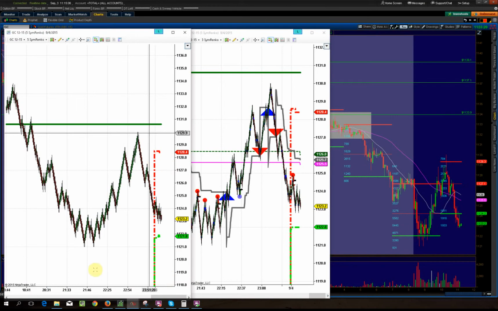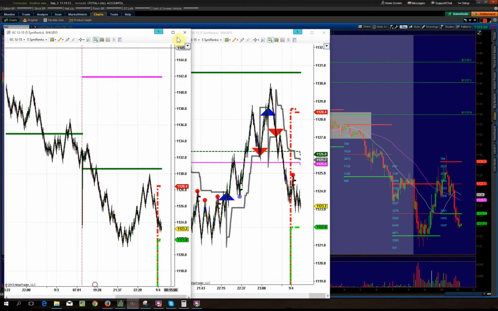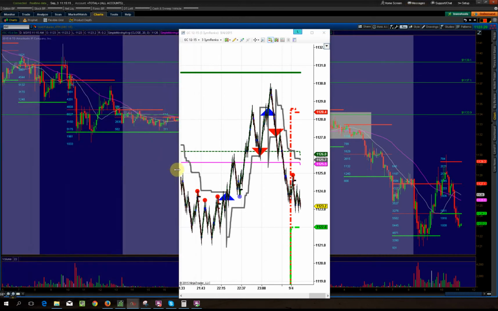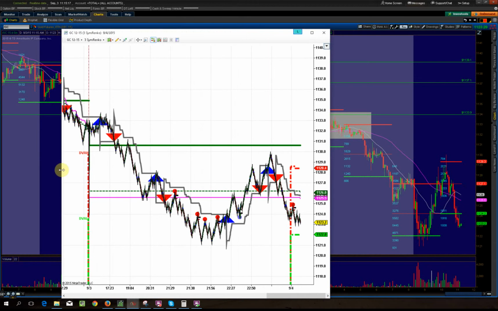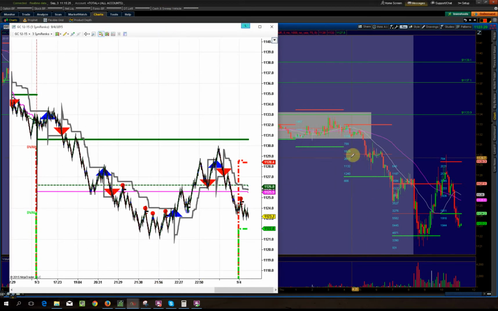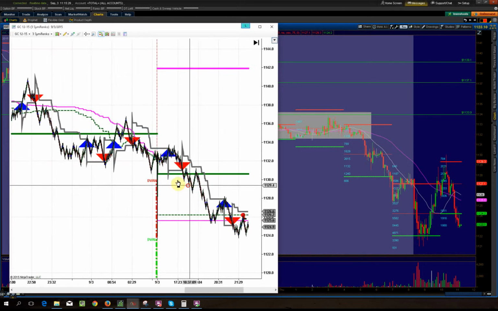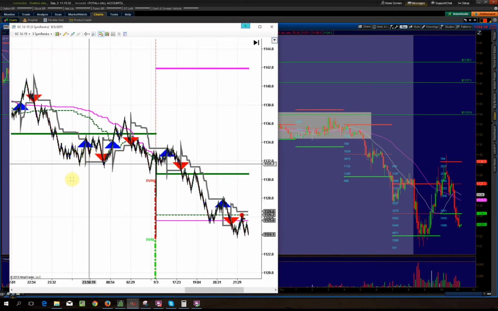This should show you exactly where we broke out. For some reason it's not showing very well. Well, we had our value areas, but this is technology. So basically same thing. It was moving sideways like this, right?